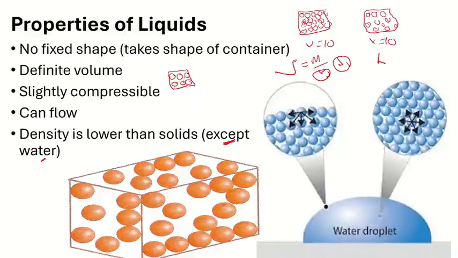Now, let's consider this arrangement and then this arrangement. We are considering the same volume. Here it is solid. Now, when it becomes liquid, it becomes more close. What is the trick? The solid one has some slight gaps in between the particles, but the liquid one reduces those gaps.